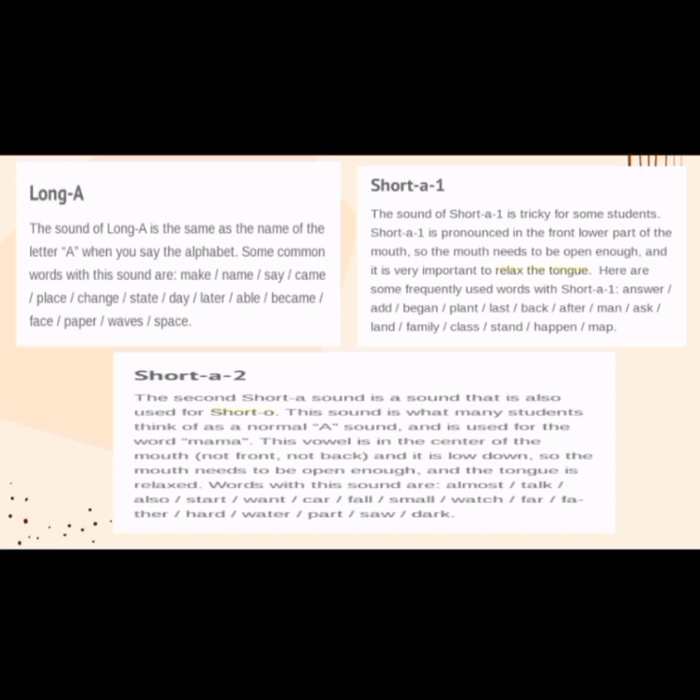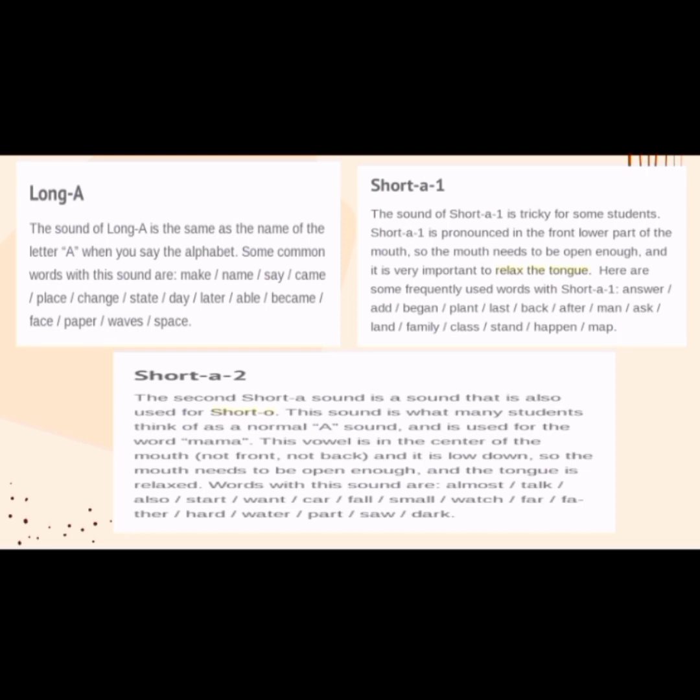Here are some frequently used words with short A1: answer, add, began, plant, last, back, after, man, ask, land, family, class, stand, happen, and map.